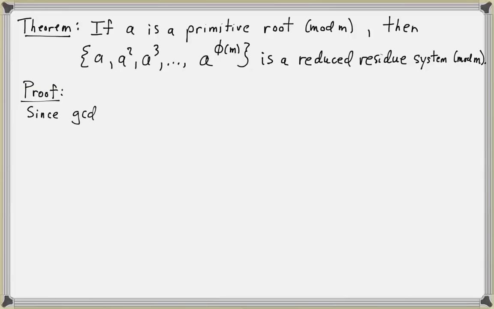So since the GCD of a and m is 1, if I multiply a times itself, the product will still be relatively prime to m. So we see that the greatest common divisor of any power of a and m must also equal 1.